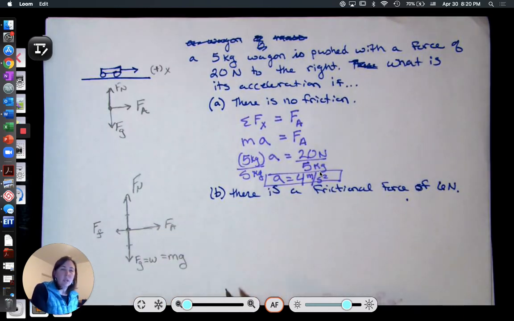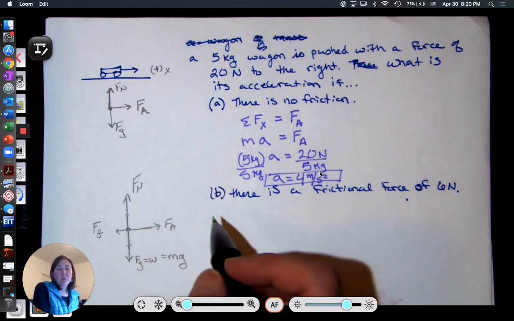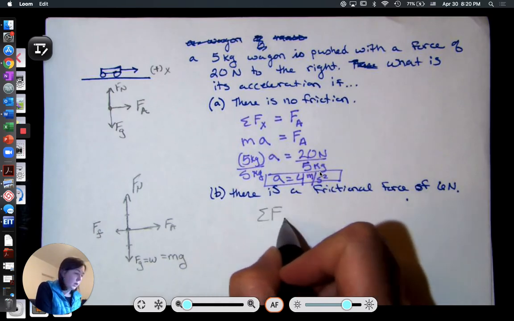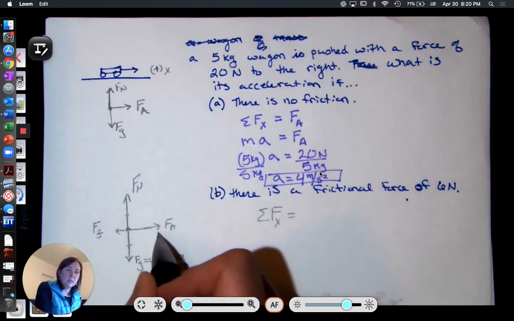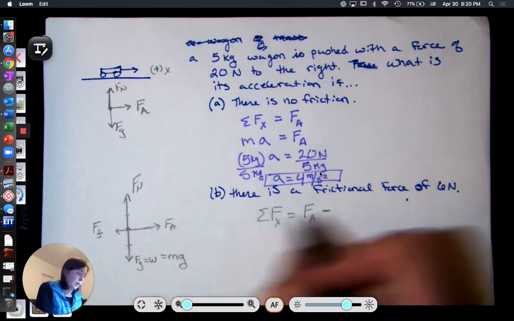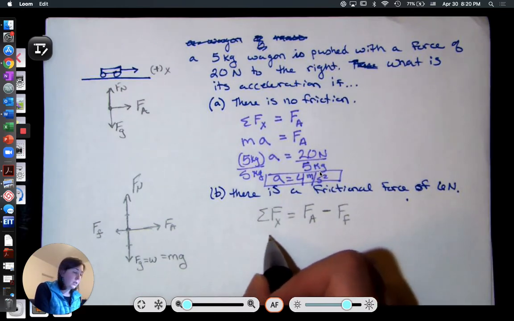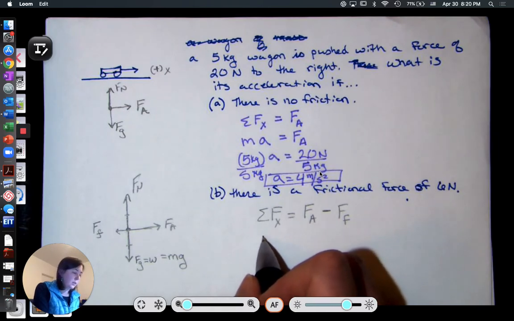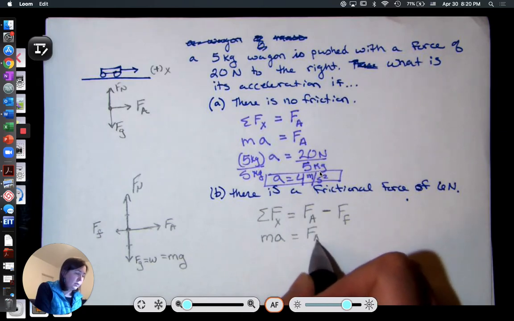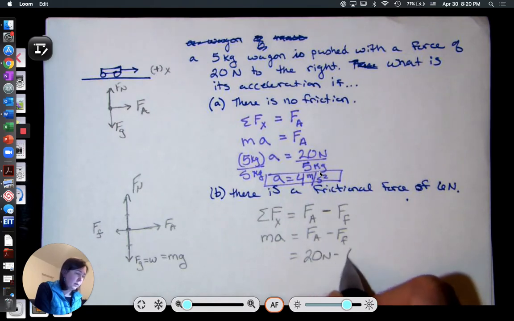Same deal. If I wanted to sum the forces in the y direction, the sum of the forces in the y direction are 0, so you don't really need to do that. We're just going to sum our forces in the x direction this time. That gives us the applied force that's positive, minus the force of friction that's negative, and that is not equal to 0. Again, this is going to be Newton's second law because this object is accelerating. So that will be equal to mass times acceleration, or the applied force minus the force of friction, which in this case is 20 newtons minus 6 newtons.